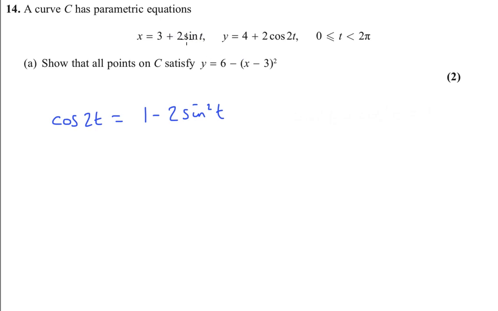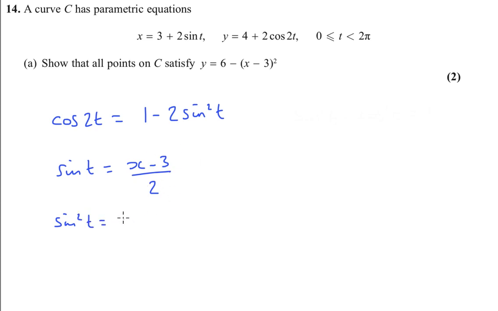So next job, let's make sine t the subject of this one, which will be x minus 3 over 2, and then we're going to work out what sine squared t is.